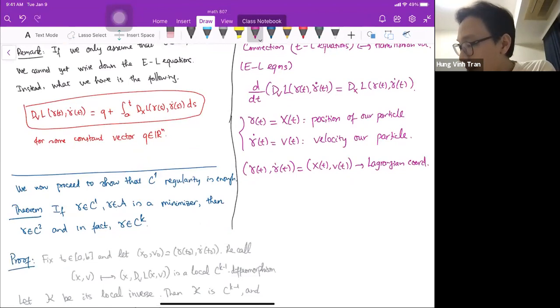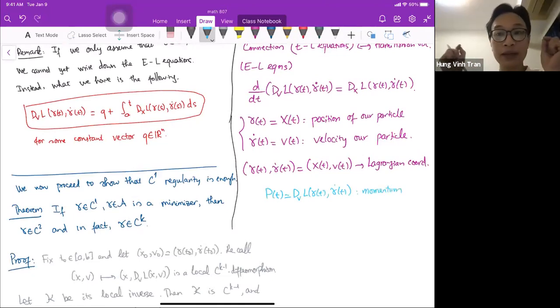And then remember that earlier we already talked about the duality. So by duality, we have that pt is dv of L gamma t gamma dot t. This is the momentum.